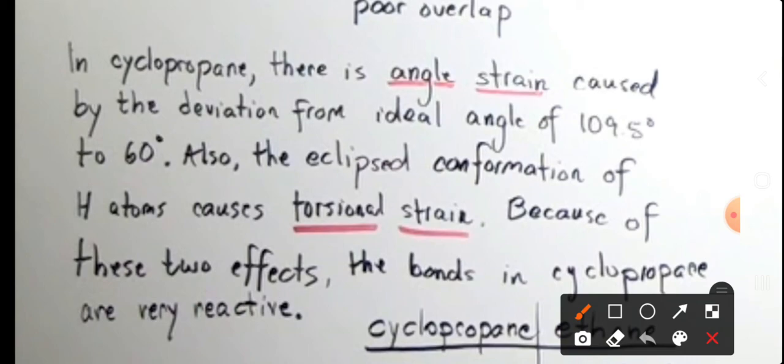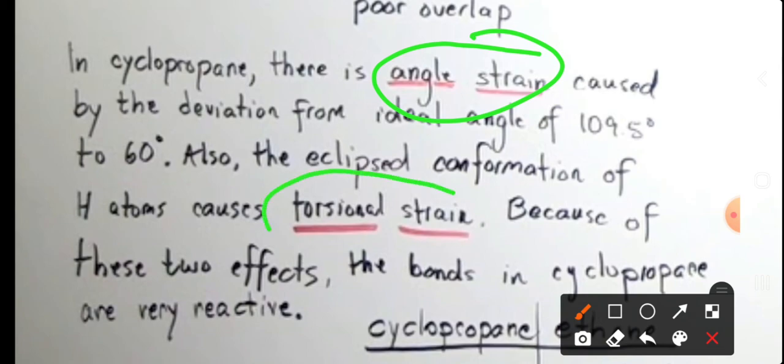So there are two unstable factors. The first one is angle strain, and the second one is torsional strain. Okay, torsional strain is from the eclipsing, and angle strain means a 60-degree angle of separation.